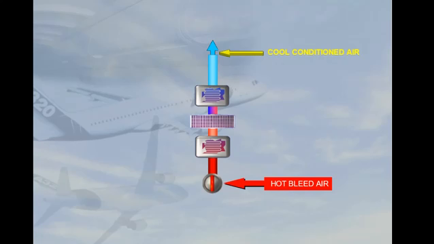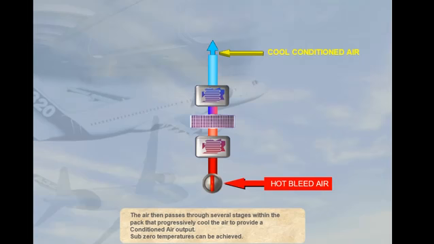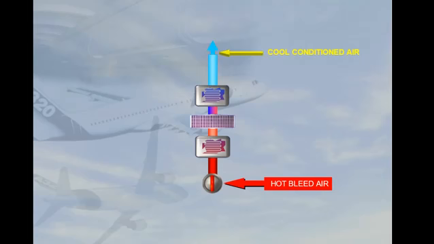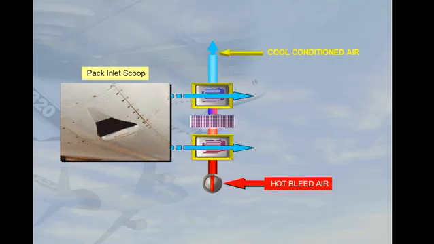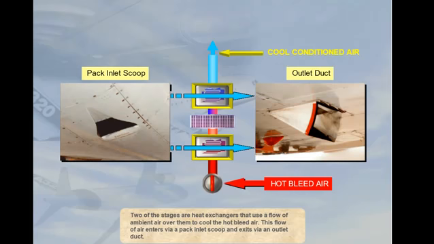Sub-zero temperatures can be achieved. Two of the stages are heat exchangers that use a flow of ambient air over them to cool the hot bleed air. This flow of air enters via a pack inlet scoop and exits via an outlet duct.